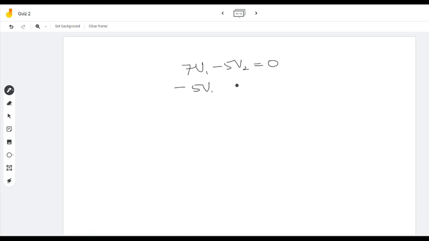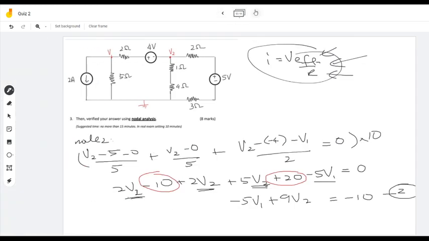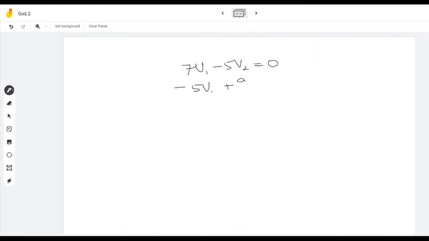It's minus 5v1 plus, I think it was 9, yep, plus 9v2 equals to negative 10. Once you plug into your calculator, you will get v1 equals to negative 1.32 volt. And you get your v2 equals to negative 1.04 volt.